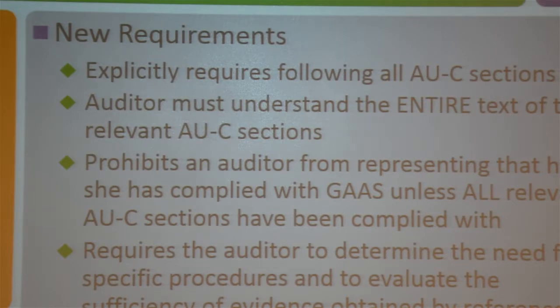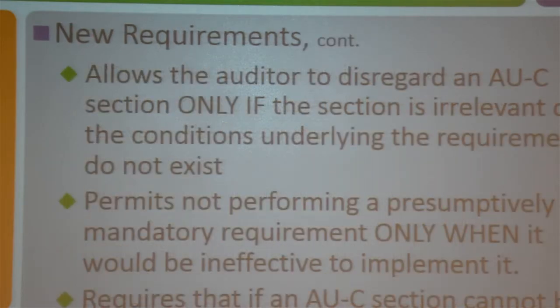Okay, so that's great. I need specific procedures to evaluate the sufficiency of evidence obtained by reference to the objectives in each AUC. I don't even know what that is, frankly. I can only disregard a section if the section is irrelevant and it doesn't exist. Presumptively mandatory requirements have to be applied unless it's ineffective. And if I can't achieve a section, well, that's all great.